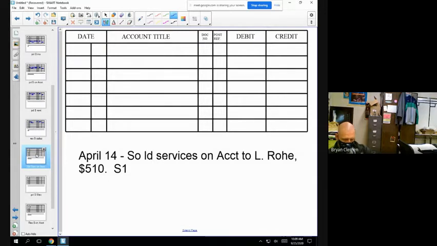All right, Tristan, will you read that one, please? April 14th. Okay, so what's the debit and what's the credit for that one? Sales would be credit. So remember, like you just did, sometimes it's easier to come up with credit first. There's no problem with that. Just make sure you list them debit first and credit second.